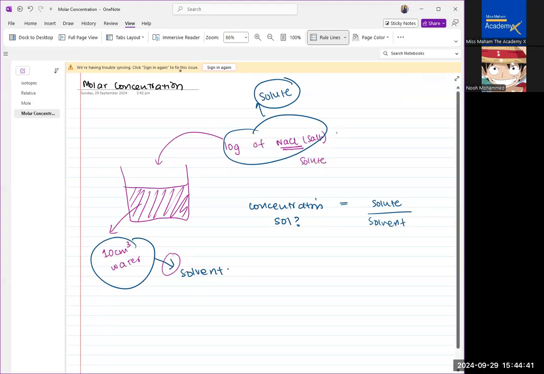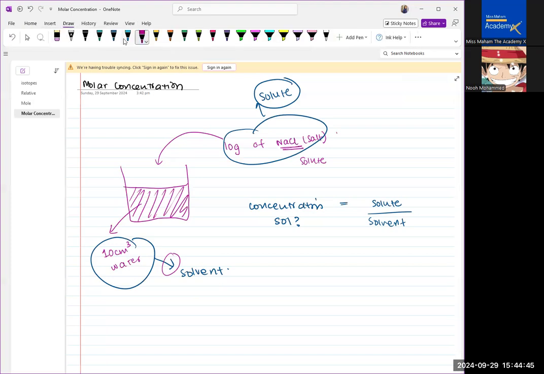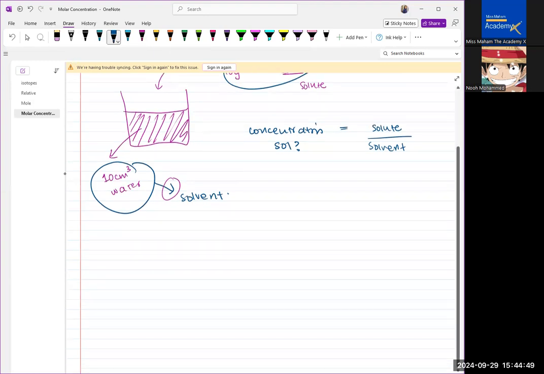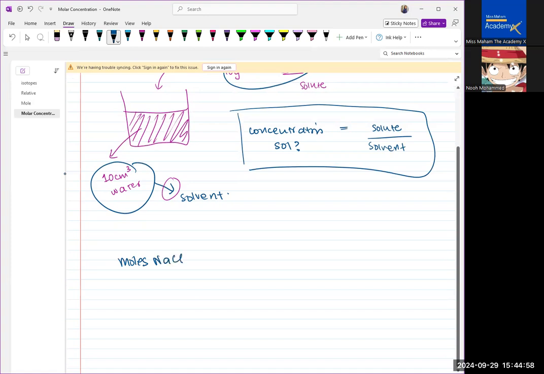Okay. Now, when we're talking about concentration, we have a formula which is solute over solvent. Now, this can either be in moles, meaning how many moles of NaCl I'm adding, or I can say how many grams of NaCl I am adding.